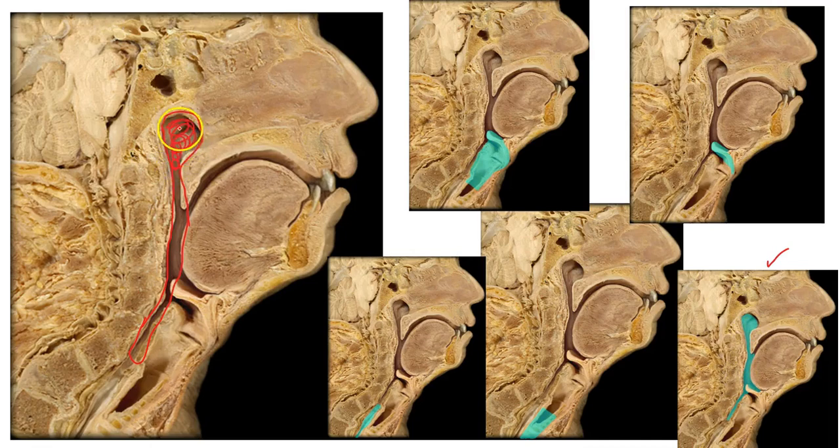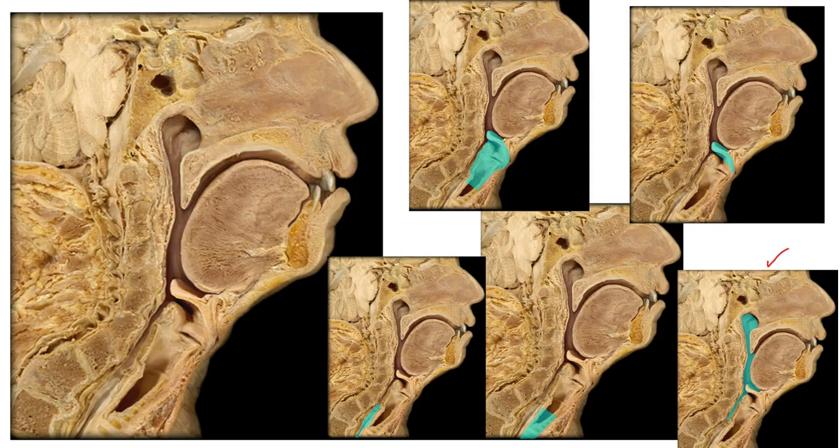If this pharynx part is back to the nose, we call this as nasopharynx. If it's behind the oral cavity, we call this as oropharynx. If it's going to be found behind the larynx, we call this as laryngopharynx. Okay, so that is about the pharynx.